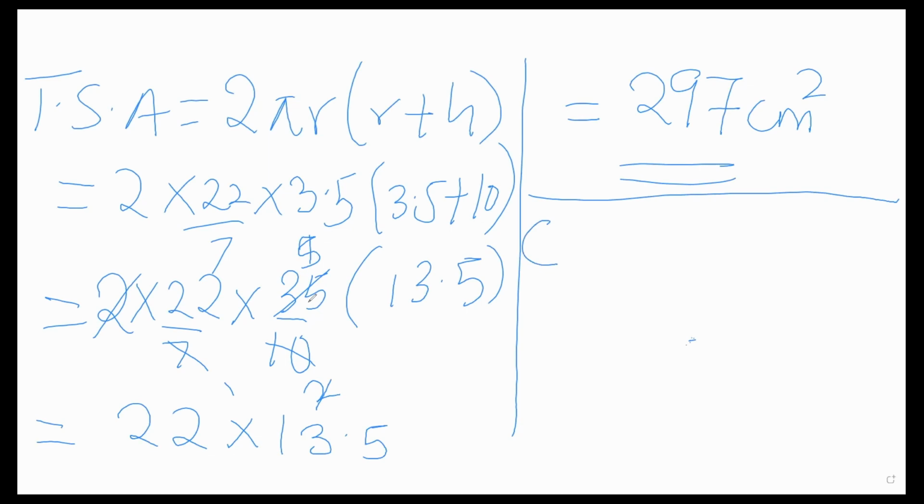We know that the curved surface area of the cylinder is given by 2 pi rh.